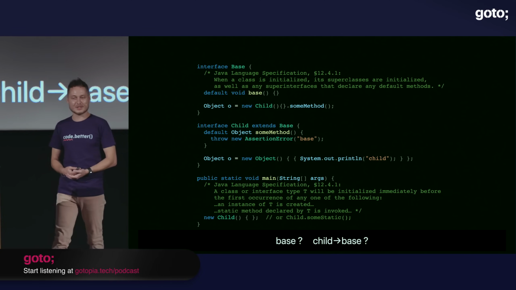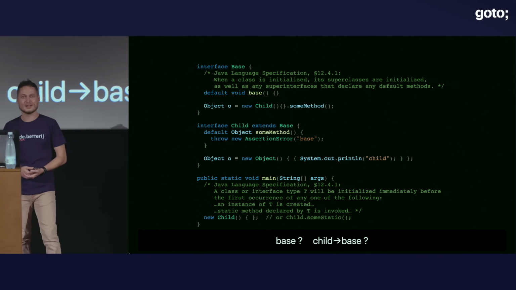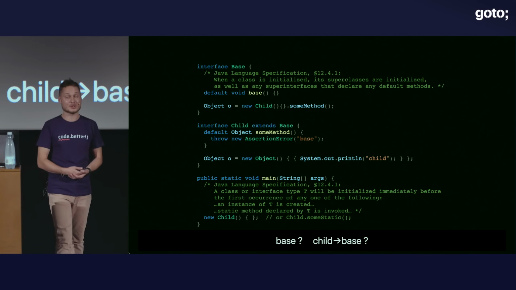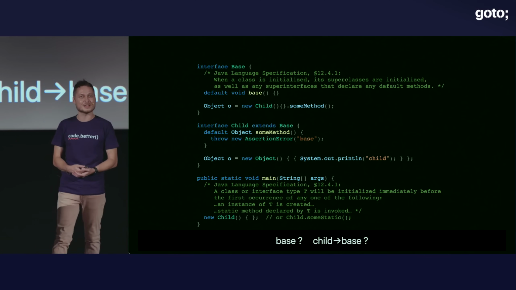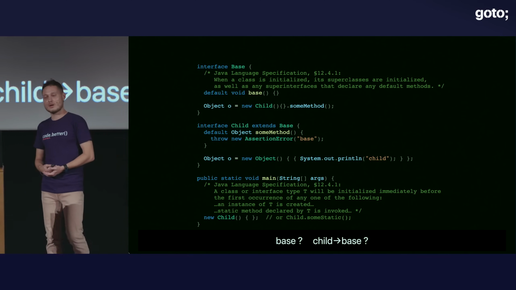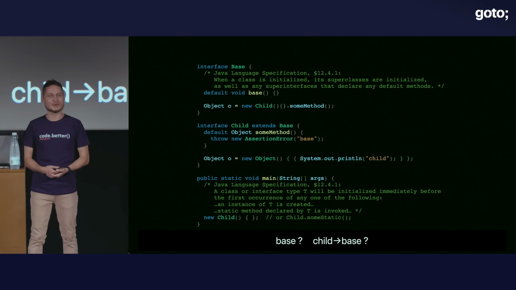So in the first case, we're going to get back to exactly the same problems that we've seen with classes. And in the second case, there is no problem at all to solve, because child, in case of interfaces, is going to be initialized first. Here is again a question to you. What do you think is going to happen?